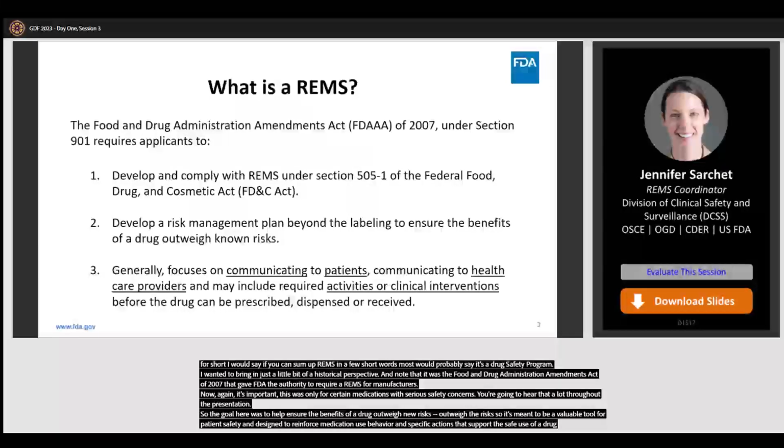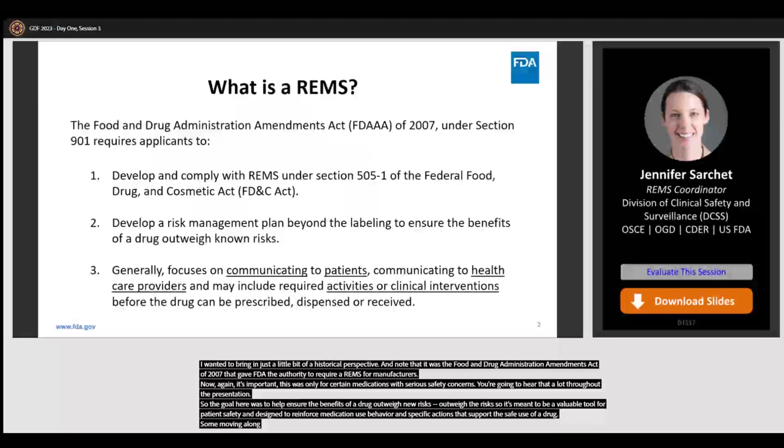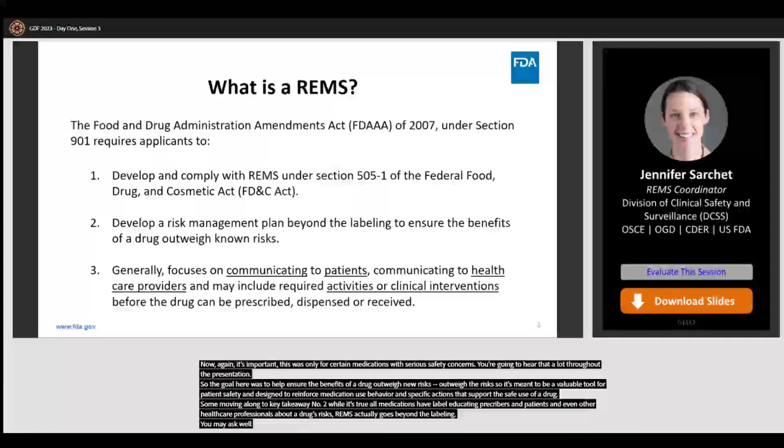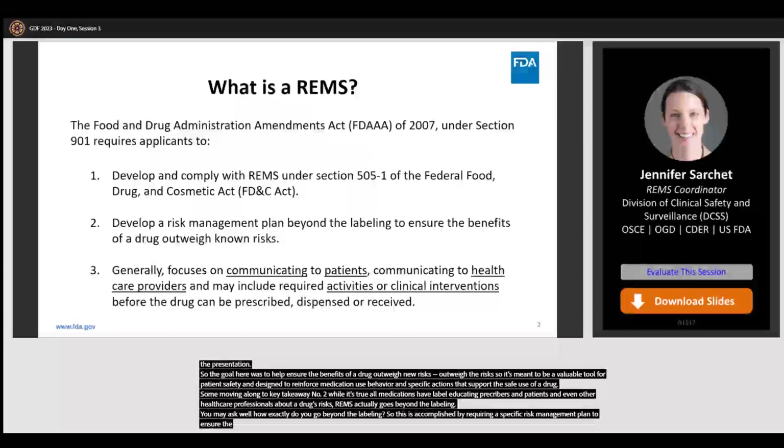Moving along to key takeaway number 2: while it's true all medications have labeling educating prescribers, patients, and even other healthcare professionals about a drug's risks, REMS actually goes beyond the labeling. You may ask, how exactly do you go beyond the labeling? This is accomplished by requiring a specific risk management plan to ensure the benefits of a drug outweigh known risks.